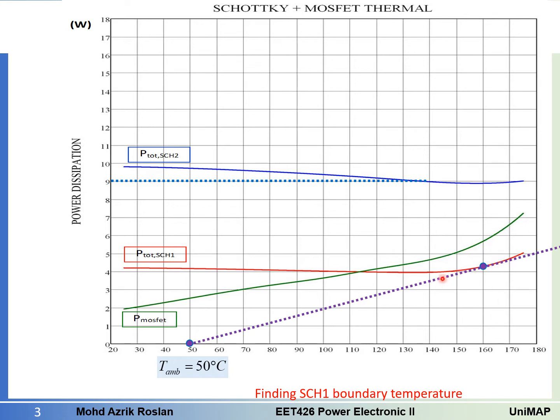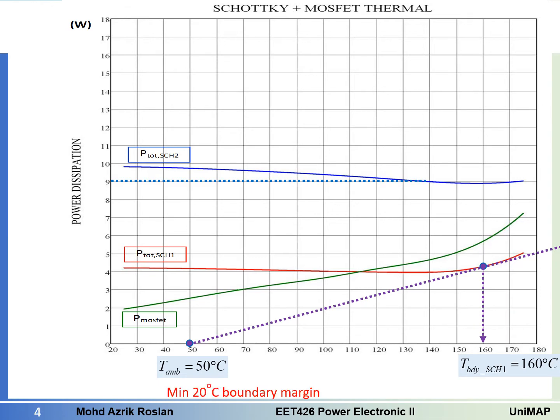If you draw this and say that this is the boundary, because you see that this is the point that touches one point of this curve, then you select 165 as your boundary temperature. For myself I select 160 degrees C. So this is the boundary temperature for Schottky 1, which is 160 degrees C.